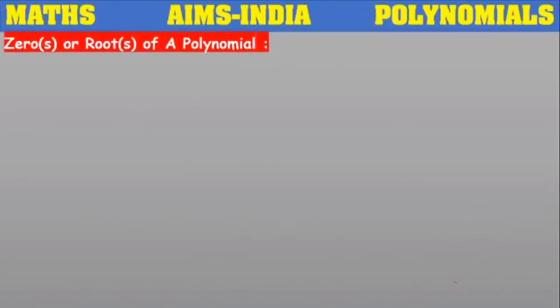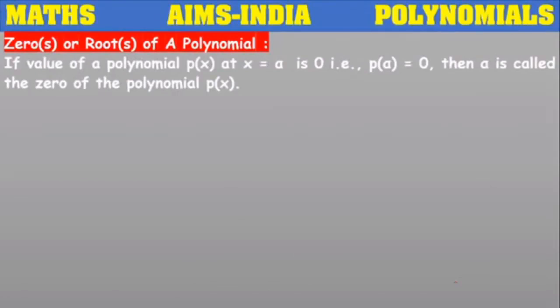How to find zeros or roots of a polynomial? The value of polynomial p of x, if you place alpha in the place of x, if the value of polynomial is 0, then p of alpha equal to 0. Then alpha is called 0 of the polynomial p of x.